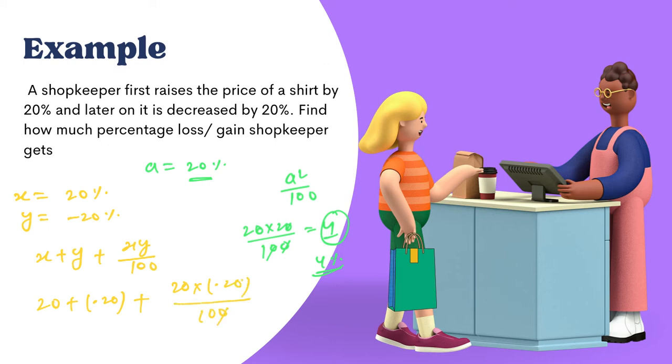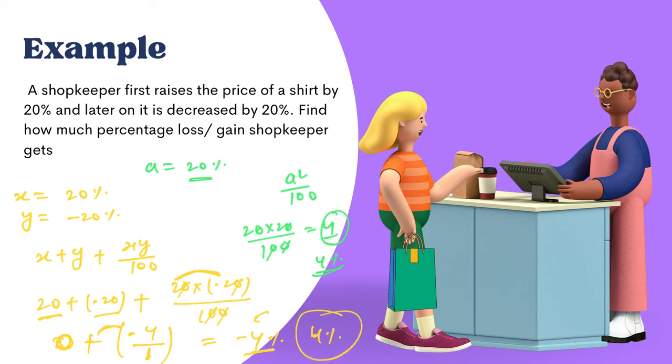The zeros cancel. So plus 20 and minus 20 equal 0, and then plus times minus gives minus 4 divided by 1. So this will be minus 4%. Minus 4 means there is a loss. So I can say there is a loss of 4%.